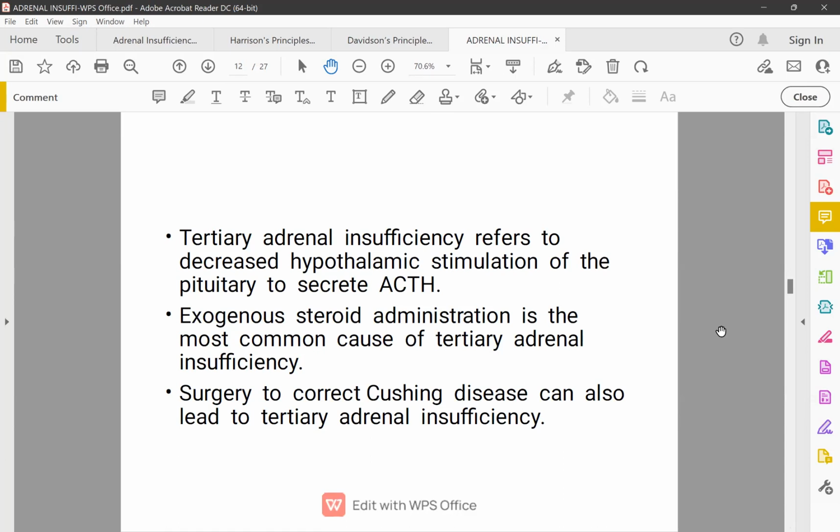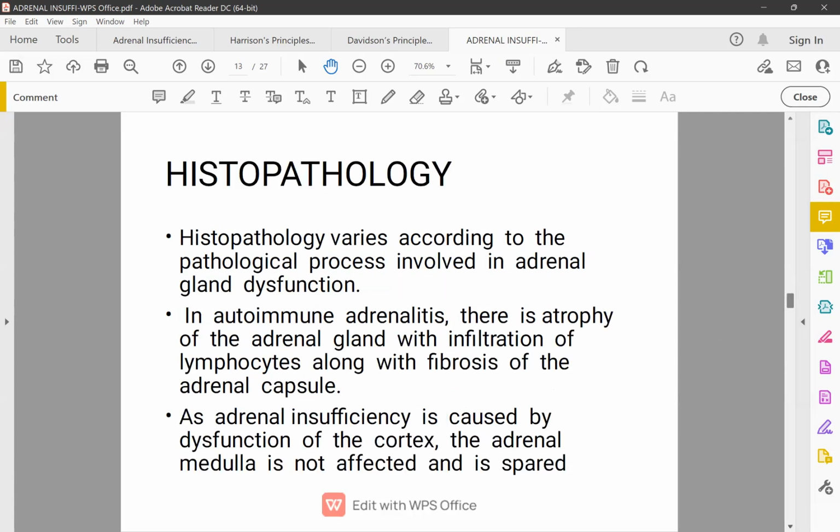So if you suddenly withdraw the exogenous steroid, the patient is not able to get back to the normal hypothalamic pituitary axis stimulation, and he lands up in acute adrenal insufficiency. So you should always remember that with exogenous steroid administration, sudden tapering should never be done, particularly on chronic usage. Sometimes we do surgical treatment for Cushing's disease that can lead to tertiary adrenal insufficiency.